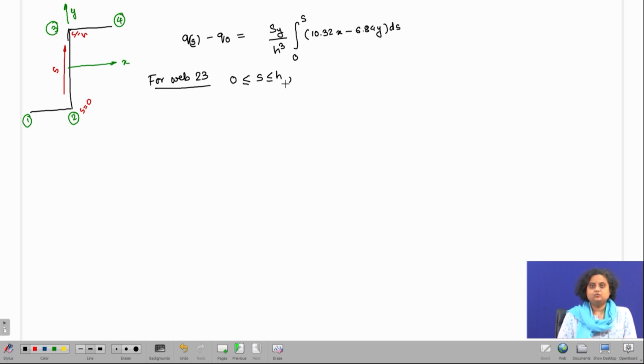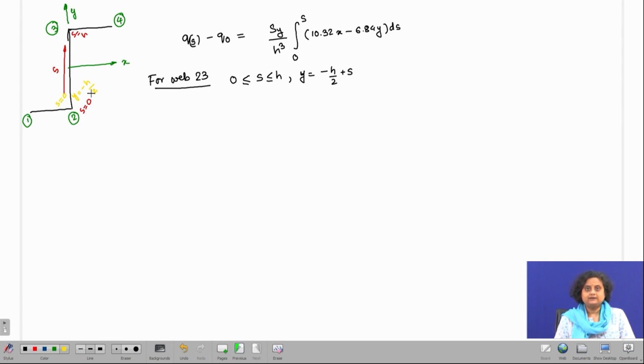And similarly to what we have done earlier, I can write Y for web 2, 3 as minus H by 2 plus S, because when S is equal to 0, Y is minus H by 2, and when S is equal to H, Y is equal to H by 2.